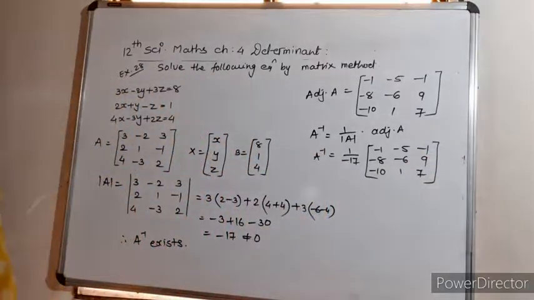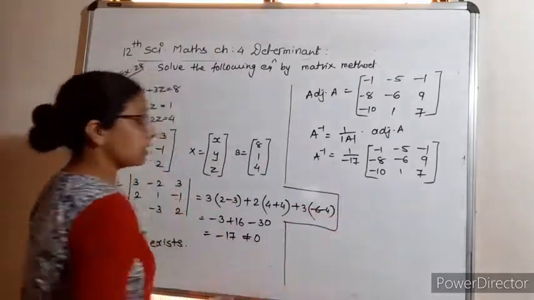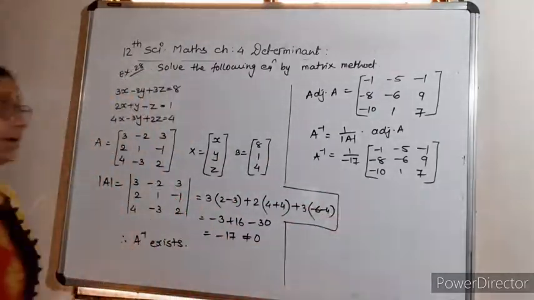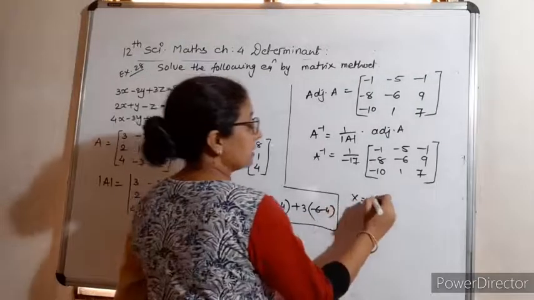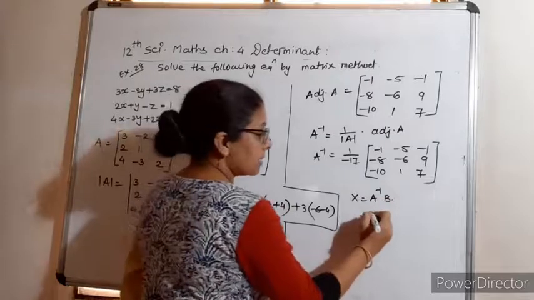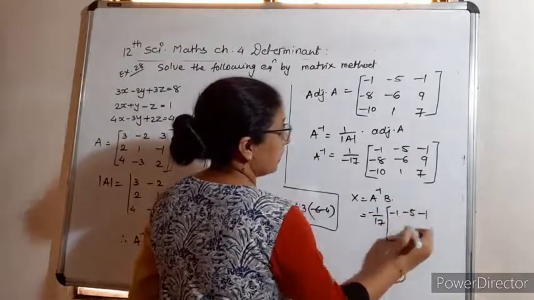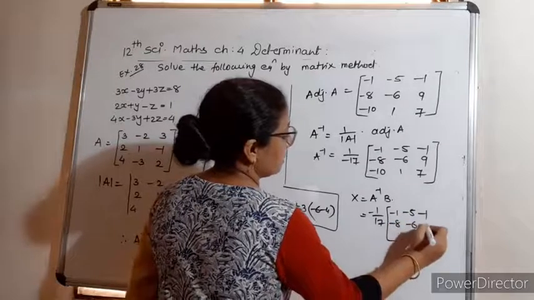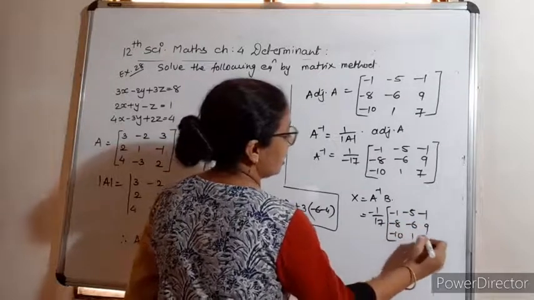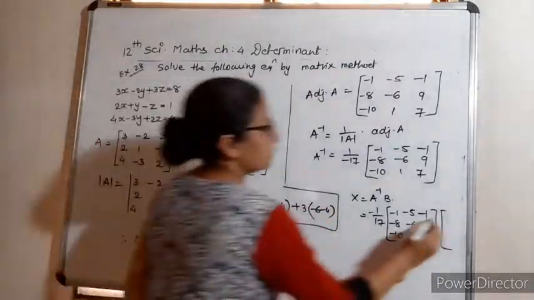Now if you want to find the solution of any equation, then X is equal to A inverse B. That is minus 1 by 17, minus 1, minus 5, minus 1, minus 8, minus 6, 9, minus 10, 1, 7 into B, which is 8, 14.